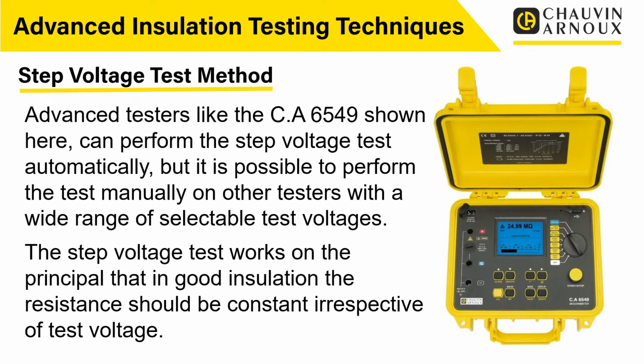The step voltage test works on the principle that in good insulation, the resistance should be constant irrespective of the test voltage. So if we carry out the test at 500 volts, we should get the same reading as if we carry it out at 1000 volts or 2500 volts. The resistance should be about the same.